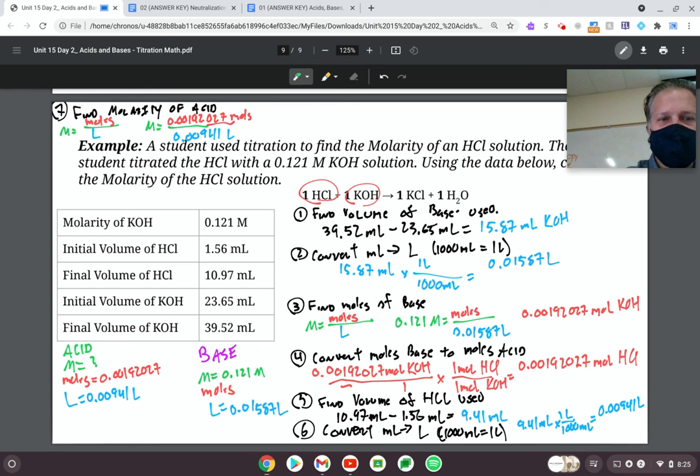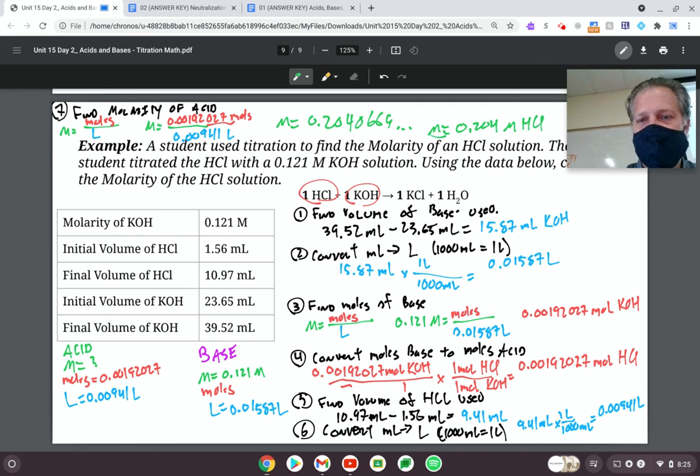We get a concentration that is 0.2040669, but with 3 sig figs in this case, the molarity becomes 0.204 molar HCl.